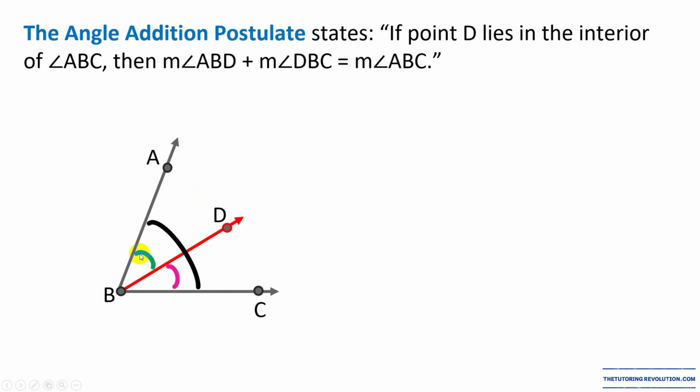Okay, so these two angles, this green and this pink angle together equal the black angle here. Okay, that's why it says ABD plus DBC equals ABC. And again, that seems to be obvious, self-evident, that these two small angles equal the big angle there.